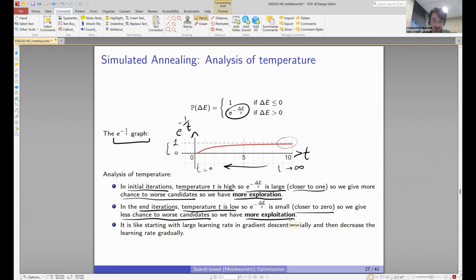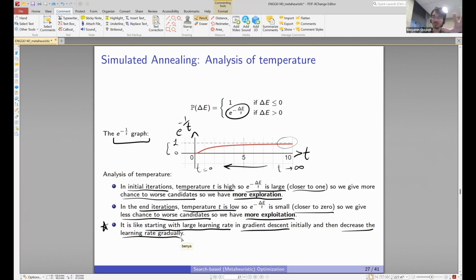That's interesting. Also, it is like in classic optimization, we have the same thing. It is like starting with a large learning rate in gradient descent initially, and then decreasing the learning rate gradually. Do you remember?